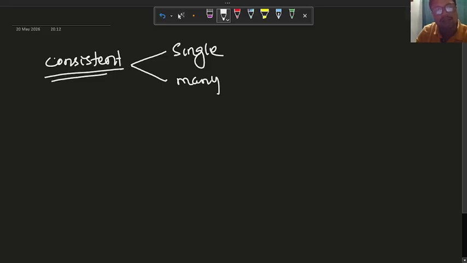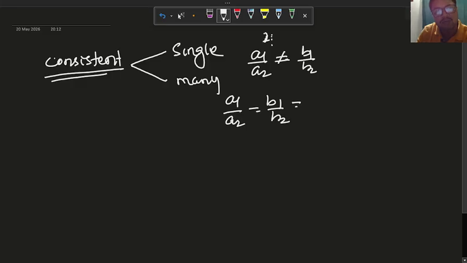If they have a single solution, then the condition is A1 by A2 does not equal B1 by B2. If there are many solutions, then the condition is A1 by A2 equal to B1 by B2 equal to C1 by C2.